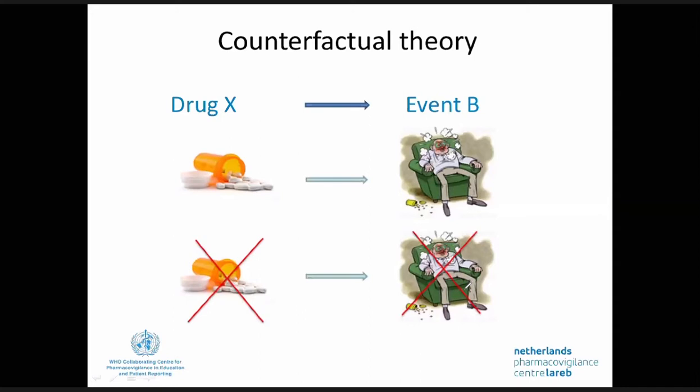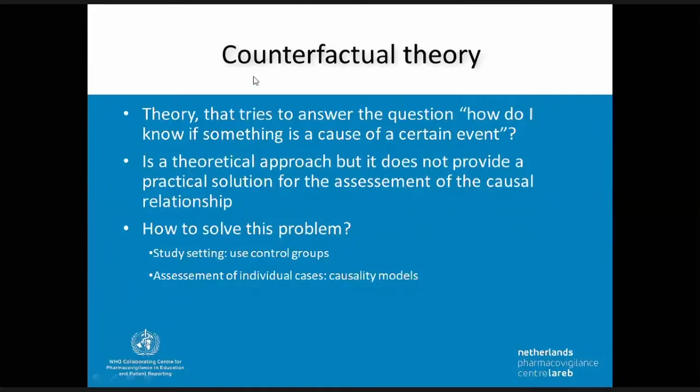So the counterfactual theory is basically this concept here, and to describe it, this theory tries to answer the question, how do I know if something is a cause of a certain event? How do you know that a drug is what caused an adverse event? Remember, last week we looked at the definition of an adverse event.